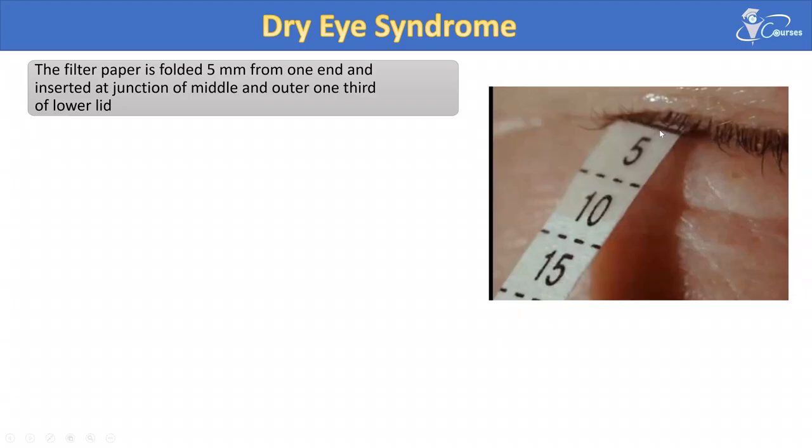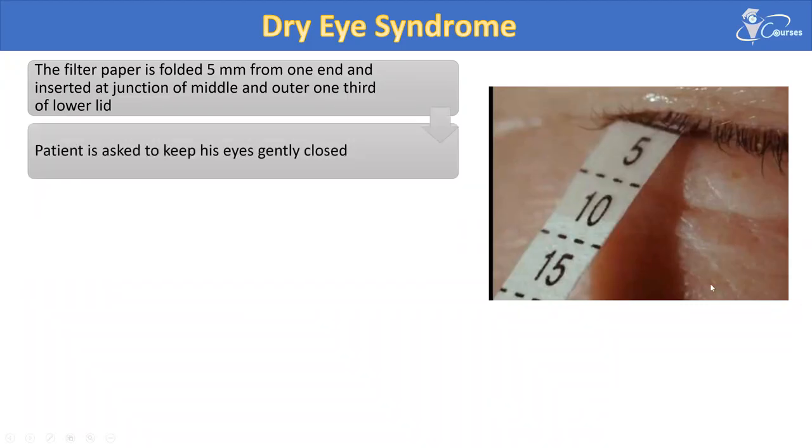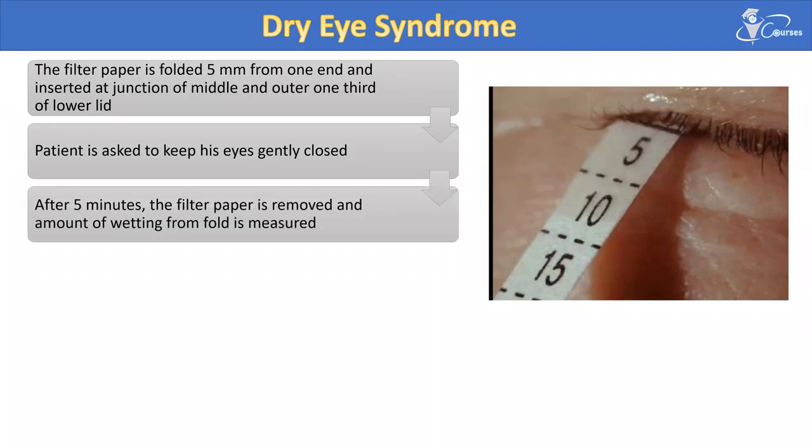It is folded at the 5 millimeter mark and inserted into the junction between the middle and the outer third of the lower lid, like that. Then we ask the patient to keep his eyes gently closed. After 5 minutes, we remove this paper and calculate the amount of wetting present in the paper.